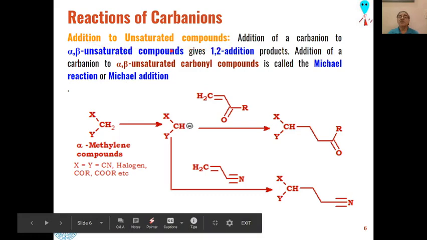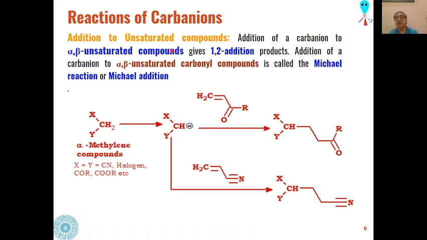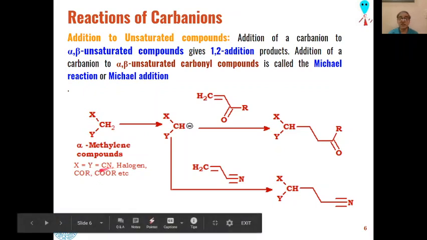Then comes addition to unsaturated compounds. This is also an example of reactions in organic synthesis where carbanions are involved as intermediates. For example, if we have these types of compounds where X and Y are both electron withdrawing groups like cyano, halogen, ketone, carbonyl, and ester group.